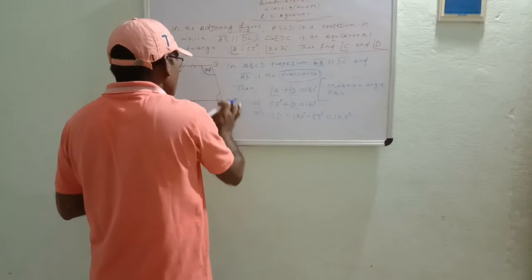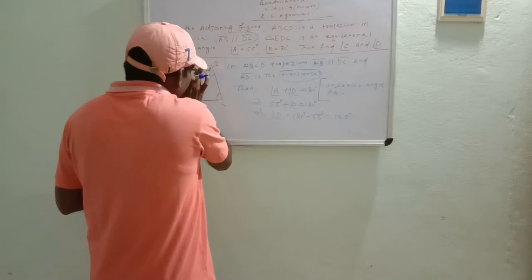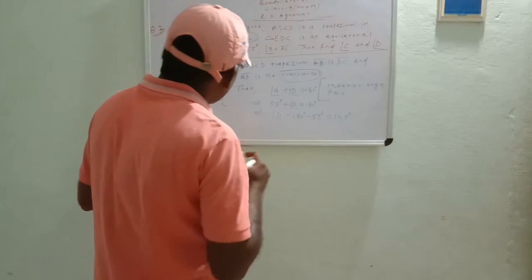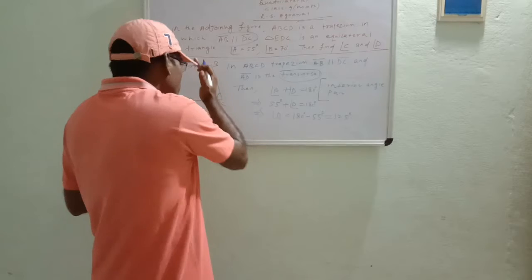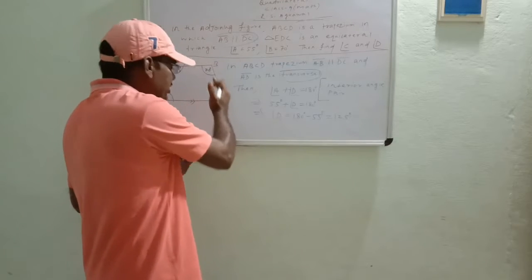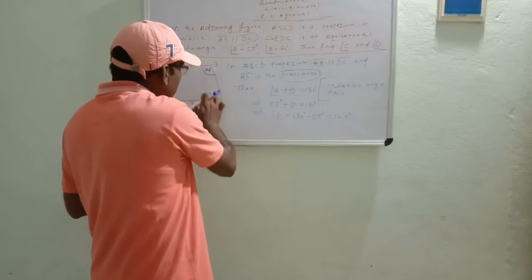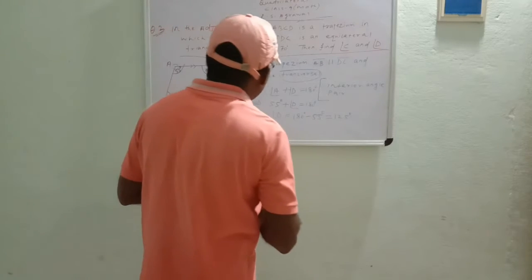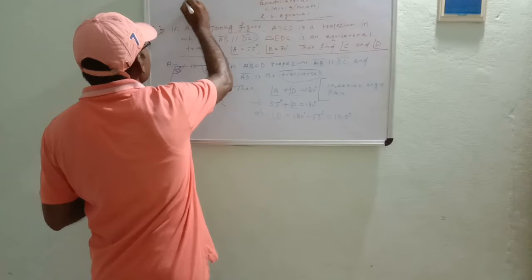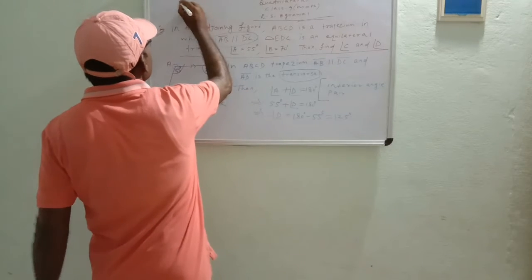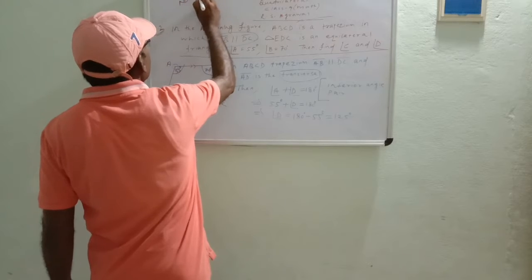So it is called a transversal. So angle B and angle C are the two interior angles on the same side of the transversal BC. As these two lines are parallel, therefore we can say that the sum of these two angles will be 180. First note it.